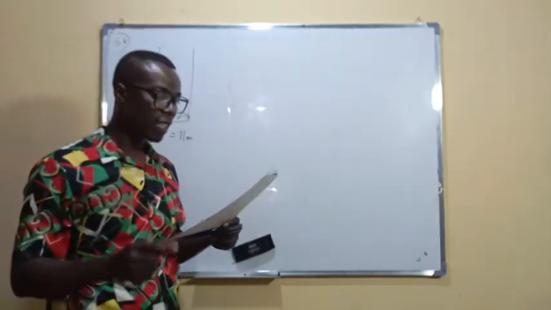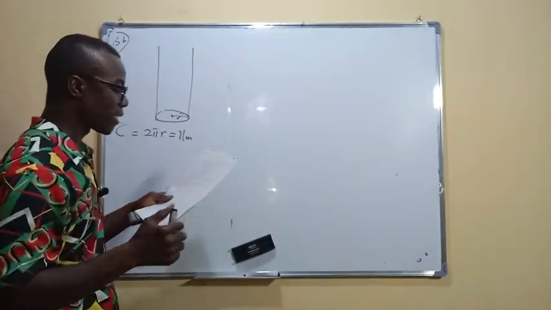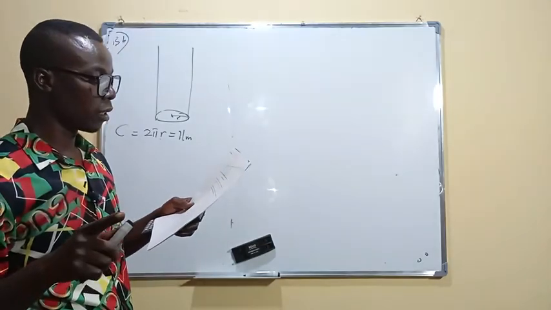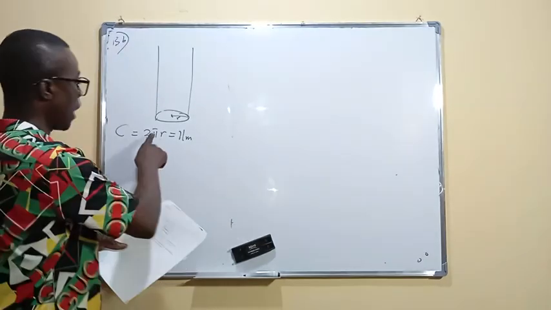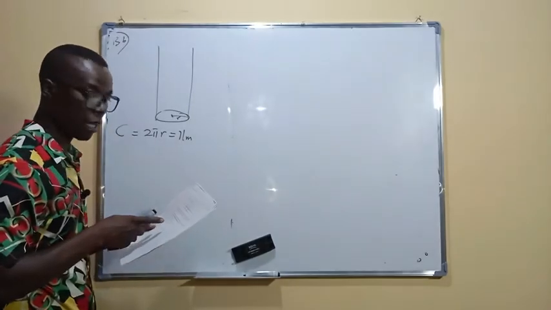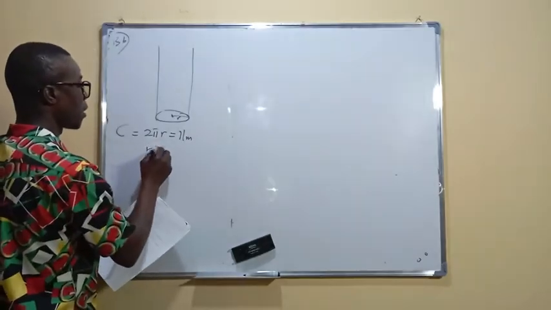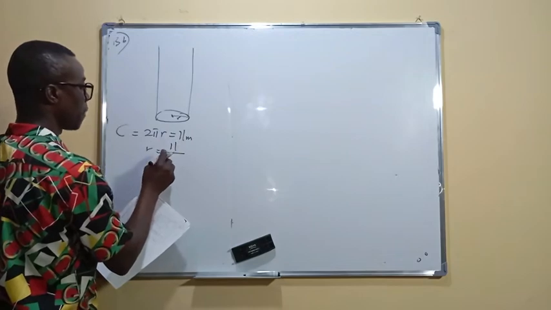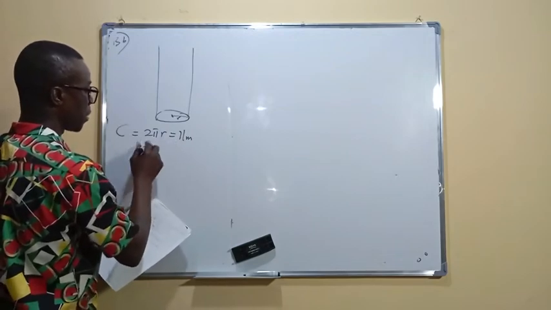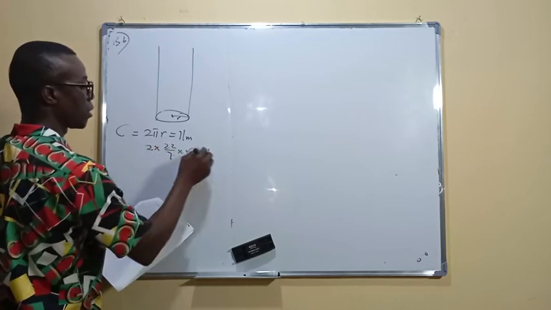Now, it says that the height of the tank is 3 meters more than 6 times the base radius. So I guess from here I can calculate the radius, and we're told to take pi as 22 over 7. So 2 times 22 over 7 times r is equal to 11.